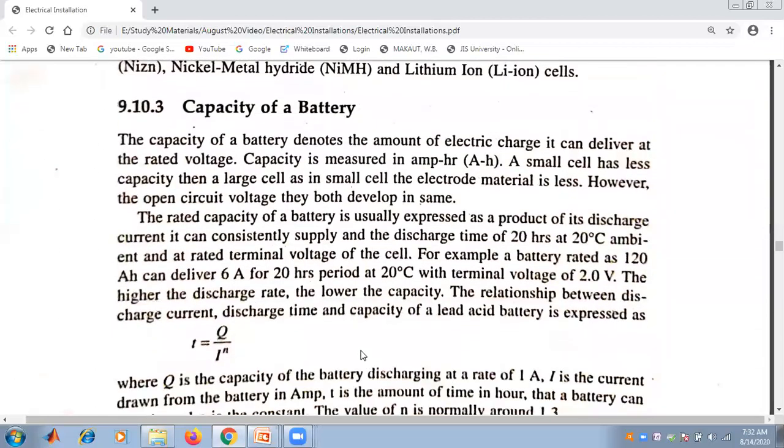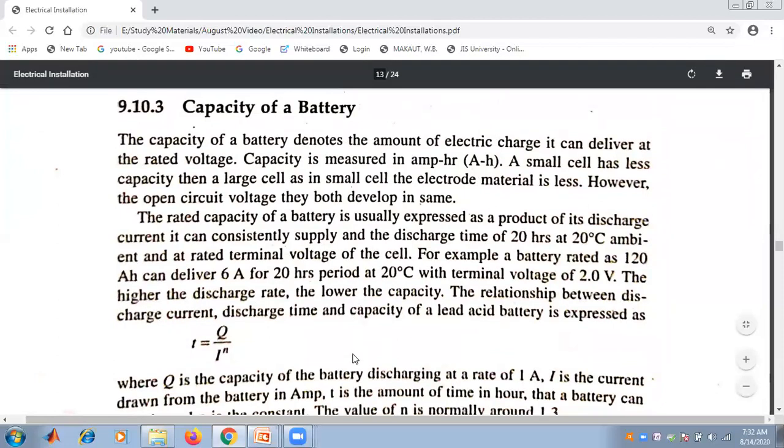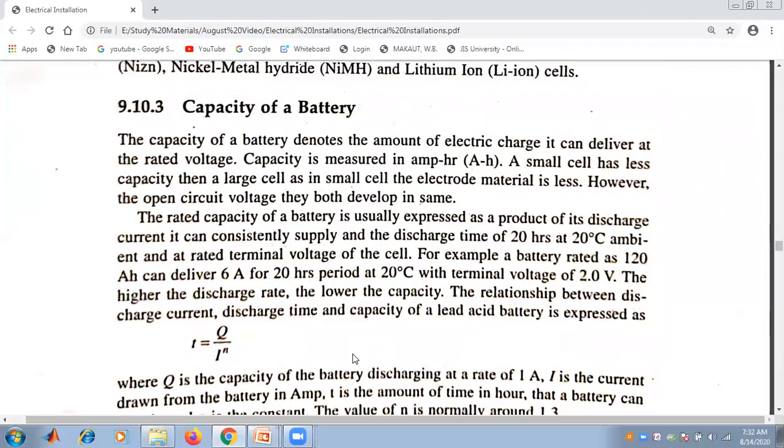So moving on to another part of our discussion, that is called the capacity of a battery. The capacity of a battery denotes the amount of electric charge it can deliver at the rated voltage.